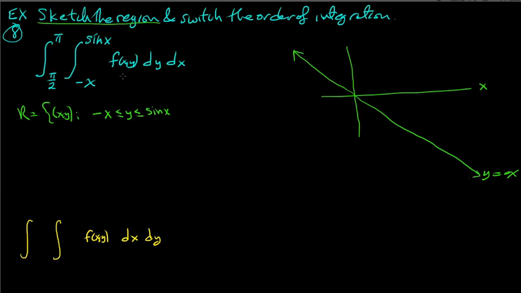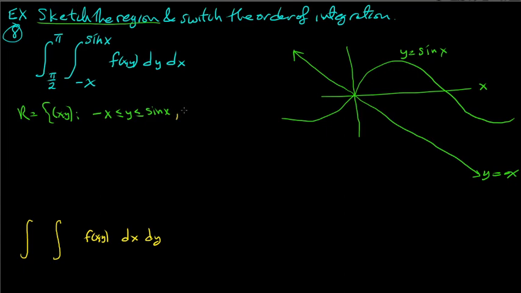All right, y equals sine of x. You should know what that looks like. It's just the sine curve, right? And it just keeps going. So they do kind of cross in some places here. So this is the graph of y equals sine of x, right? And now we're going from pi over 2 to pi.